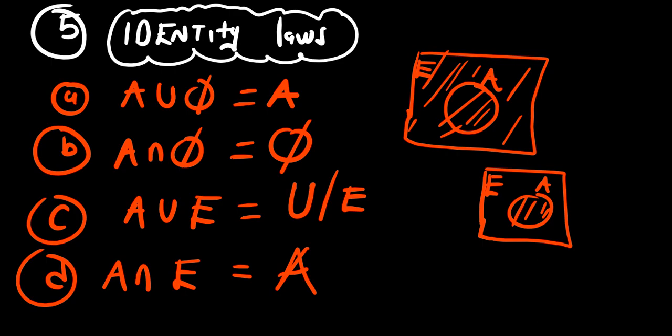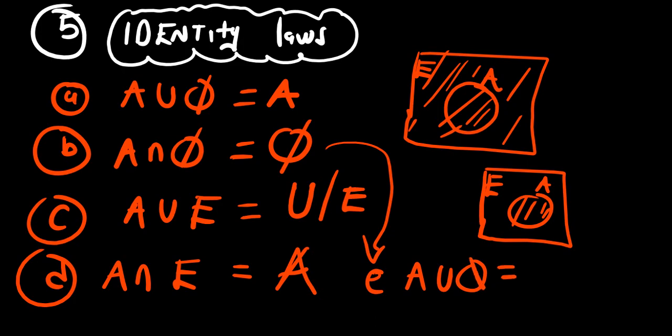Then probably we can also manipulate this one. Another one, where we say A union empty set. If you combine an empty set and A, what are you going to have?